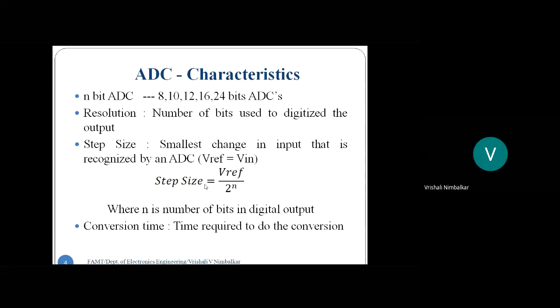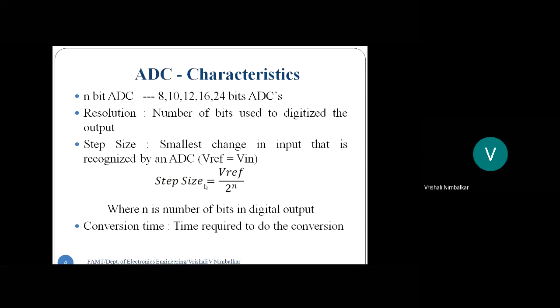Then the third voltage which will be recognized is again a step of 19.5 added to it. 19.5 plus 19.5 is 39 millivolt. That 39 millivolt will be recognized and its corresponding digital output will be 0010, that is 2. Right? So the voltages that will be recognized are in steps of 19.5 millivolts.